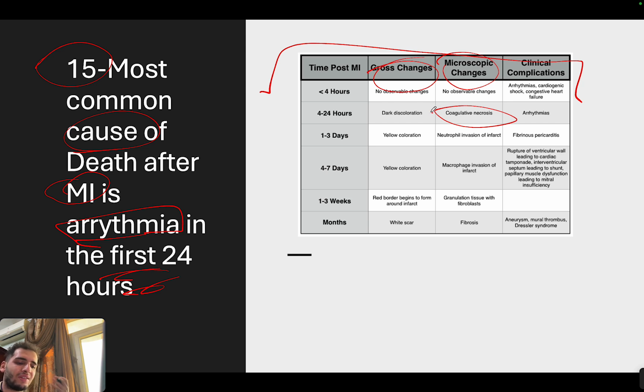Coagulative necrosis is the necrosis that happens in most of the organs, except the brain. The brain will have liquefactive necrosis, and the intestine will have gangrenous necrosis, okay? But most of the other organs will be coagulative necrosis, okay, guys? And yeah, the breast and the pancreatic tissues will usually be fatty necrosis, okay?